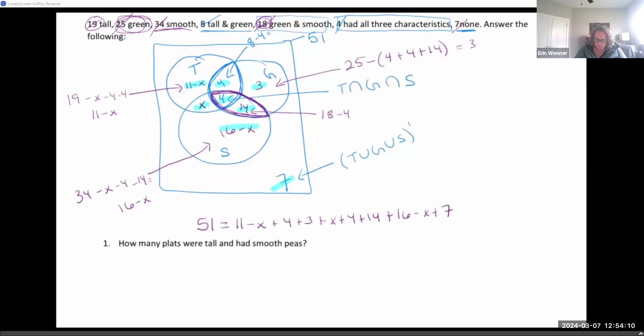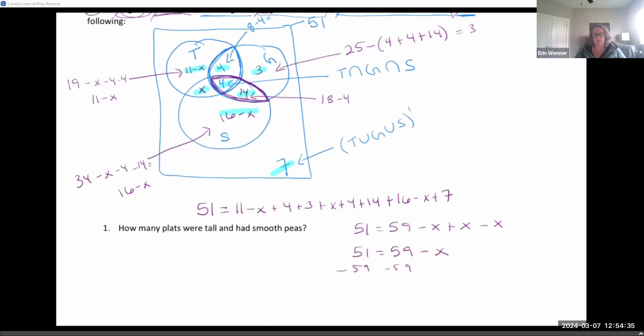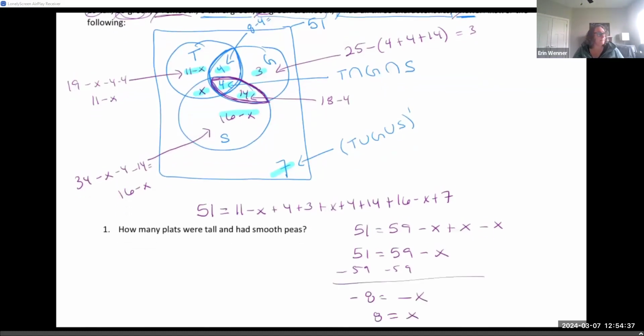So we end up with 51 equals 59 minus x plus x minus x. Well, the minus x plus x business cancel each other out. So we're left with 51 equals 59 minus x. We'll subtract 59 from both sides, which gives us negative 8 equals negative x. Therefore, 8 equals x. Okay.